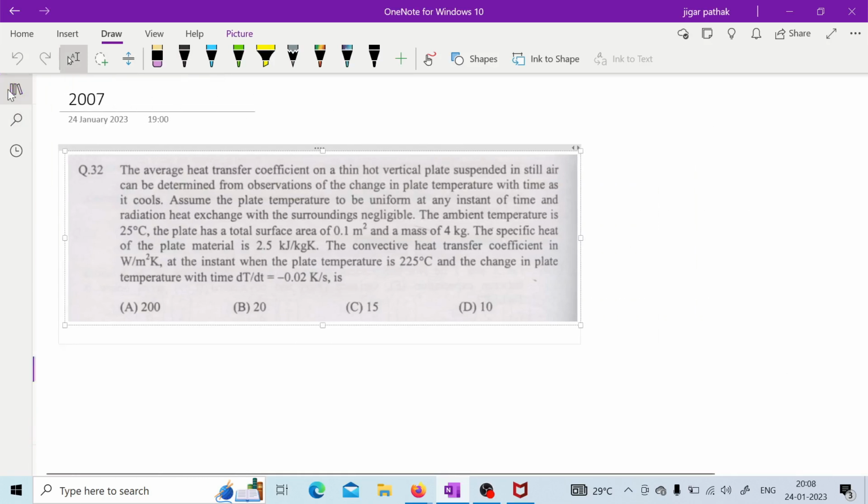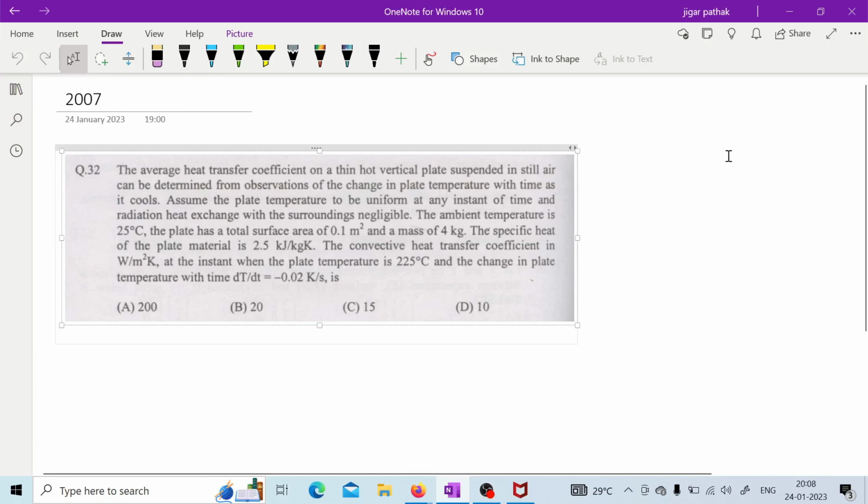The next is: the average heat transfer coefficient on a thin hot vertical plate suspended in still air can be determined from observations of the change in plate temperature with time as it cools. Assume the plate temperature to be uniform at any instant of time, and the radiation heat exchange with the surroundings is negligible. The ambient temperature is 25 degrees centigrade. The plate has a total surface area of 0.1 meter square and a mass of 4 kg.